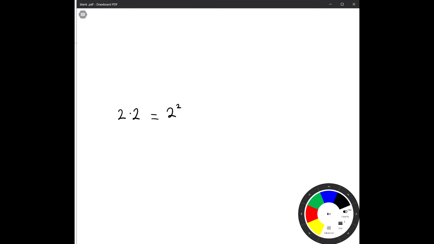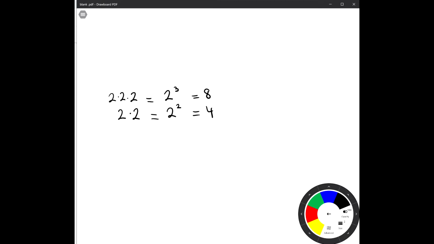We all know that, and it's equal to 4. And then if I multiply by 2 again, now I have 2 times 2 times 2, and I rewrite it as 2 to the 3rd power, and it equals 8.